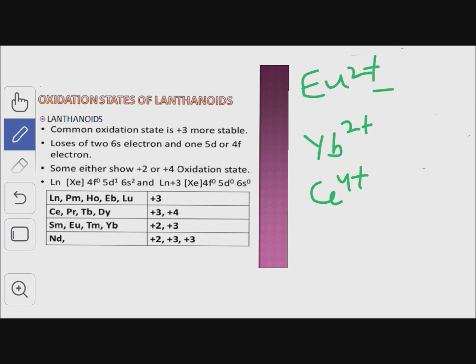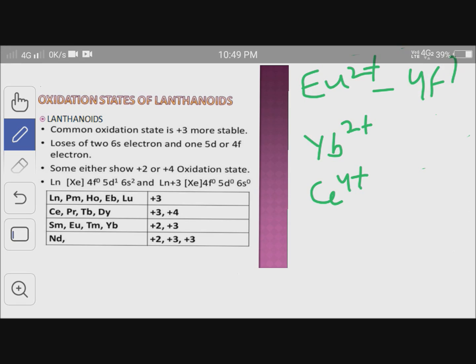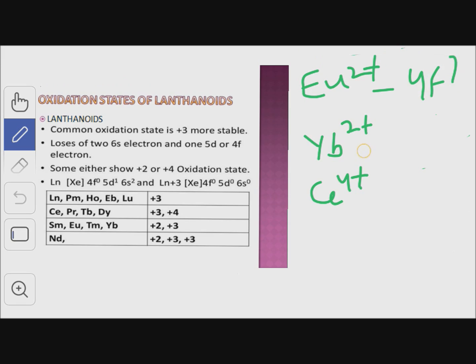Here the electronic configuration of europium 2 positive is xenon 54 4f7, in ytterbium it is xenon 54 and 4f14, and in cerium 4 positive it is xenon 54 and 4f0.